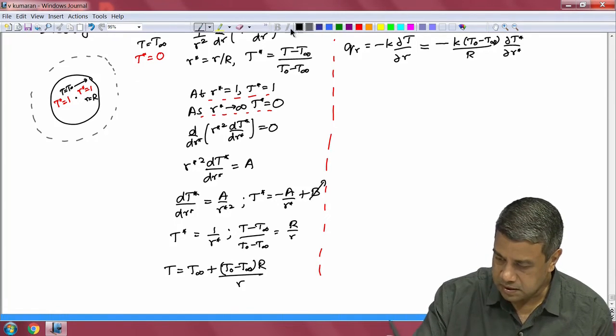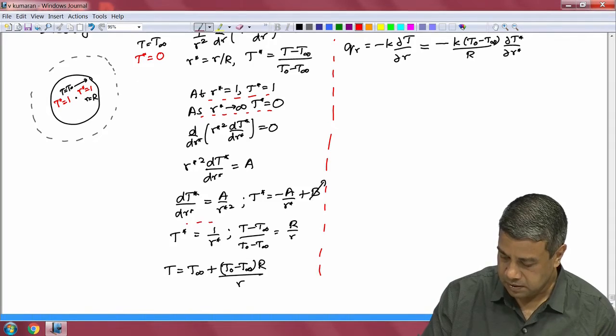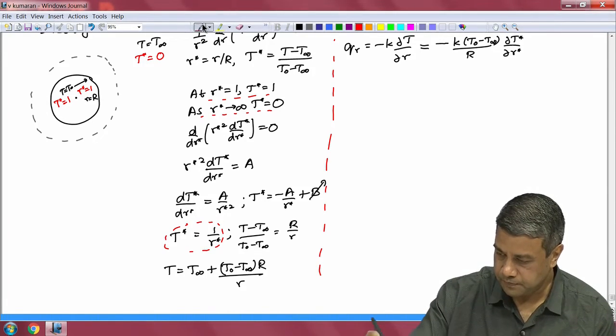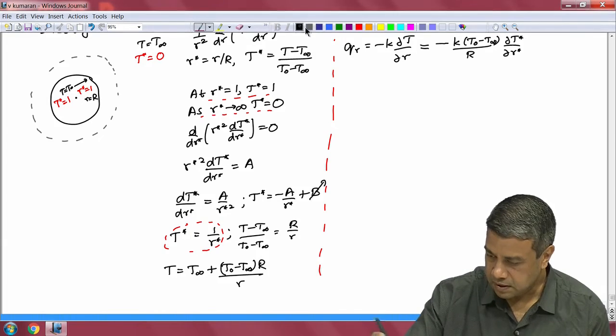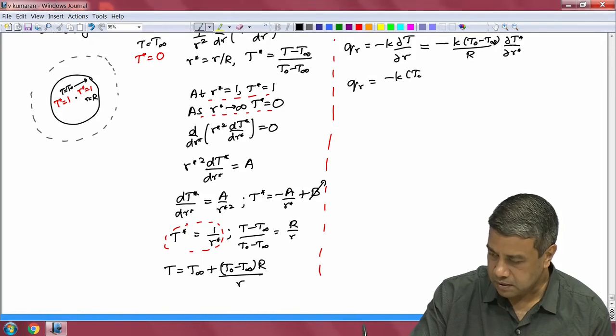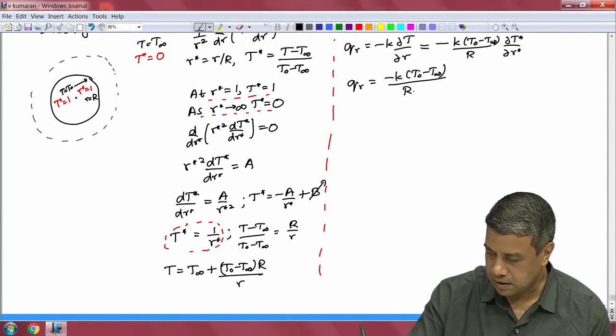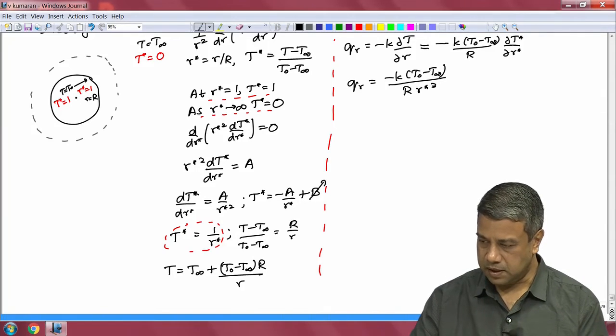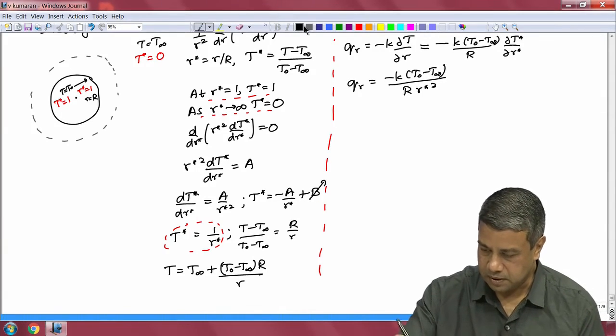And since T star is equal to 1 over r star, I will get the flux Qr is equal to minus k into (T naught minus T infinity) by R times the derivative. Let me do it in 2 steps.